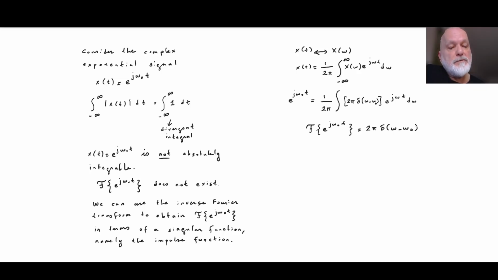Here, as you see, we have obtained the Fourier transform of e to j omega 0 t as an impulse. And we remember that the impulse is infinite at omega equal to omega 0. So the Fourier transform is in fact now a singular function, which is 0 for all frequencies except the frequency omega 0, where it is infinite.